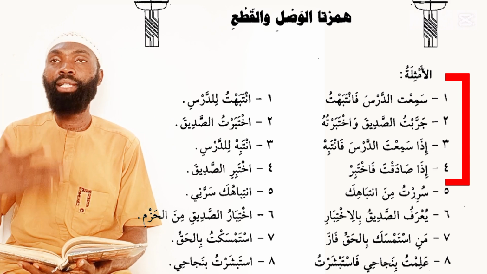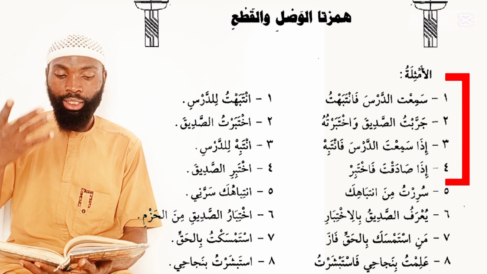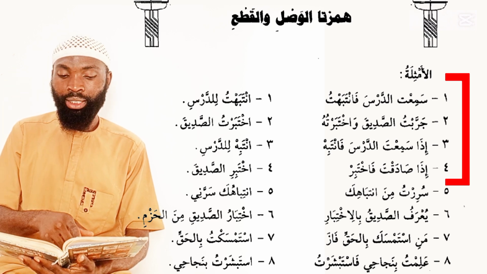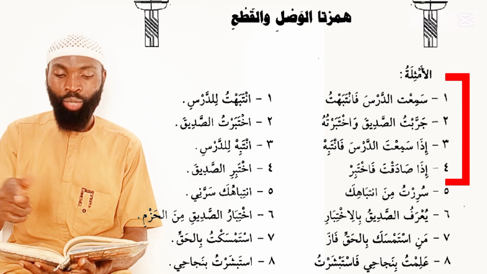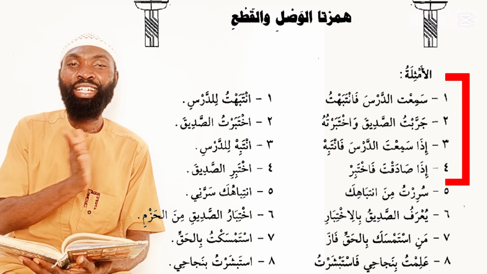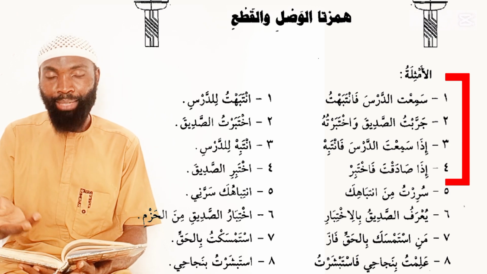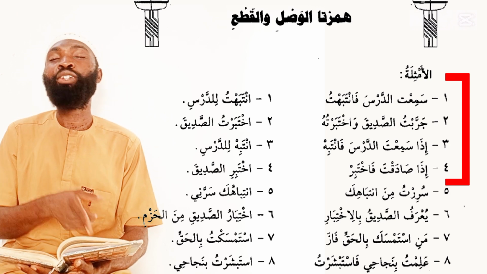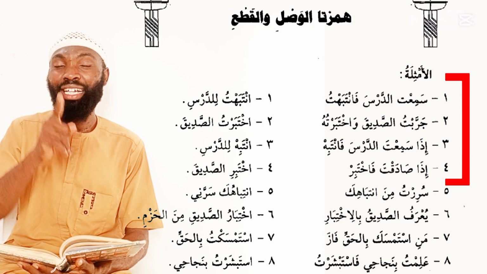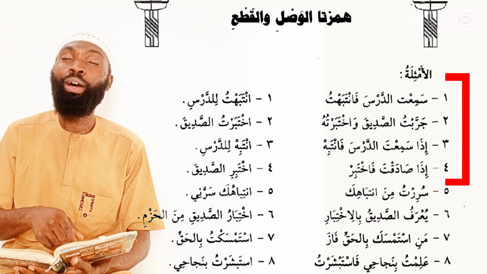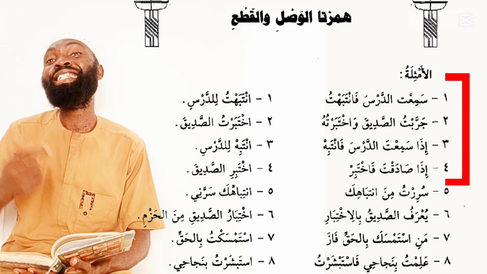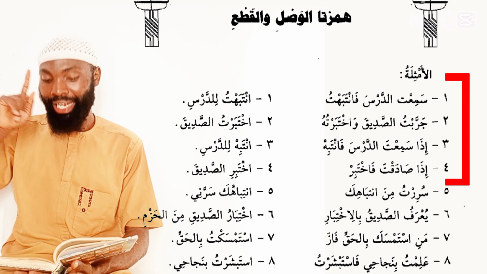Intabahtu lidarsi, meaning I paid attention to the lesson. Look at the word fantabahtu and the word intabahtu on this side. Intabahtu and fantabahtu is the same word, but intabahtu begins with the hamza, and that's why we put kisra and say intabahtu. The second one appears after fa and we say fantabahtu, thereby throwing away the hamza.